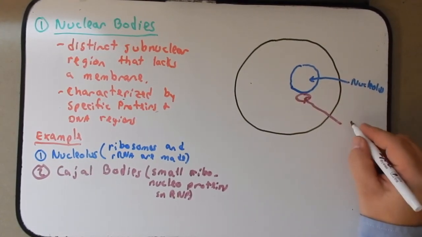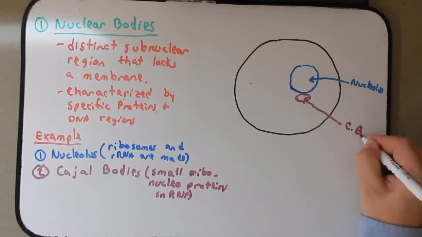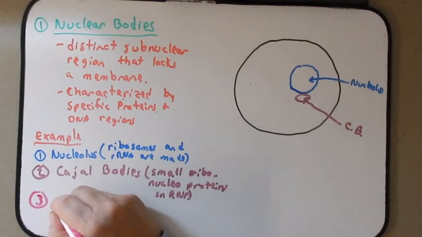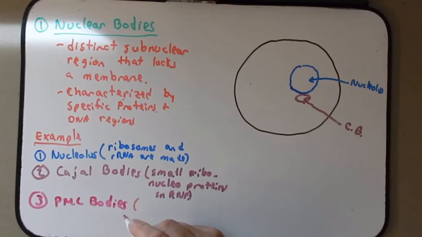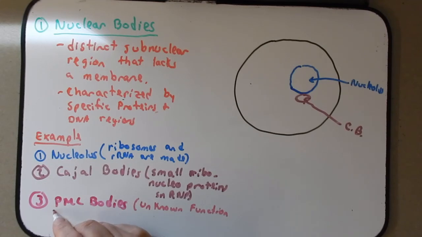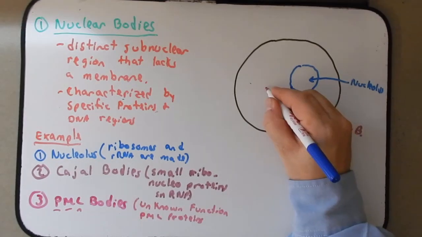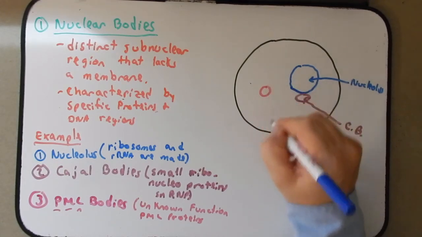Not in it, but near it. And I'm just going to put CB here for Cajal bodies. The next one I want to talk about are PML bodies. These PML bodies largely have an unknown function, but the name PML stands for promyelocytic leukemia proteins. And what they've observed is that these PML proteins will form these very concentrated structures in the nucleus.